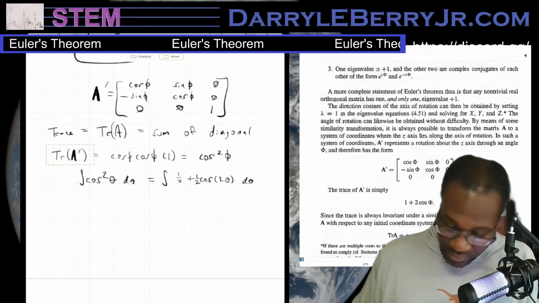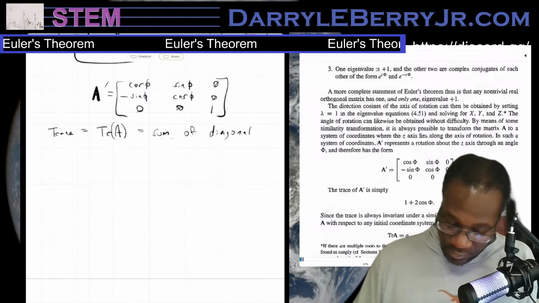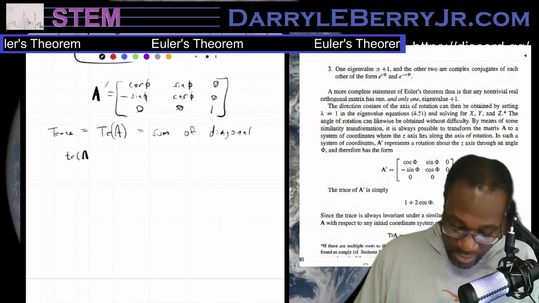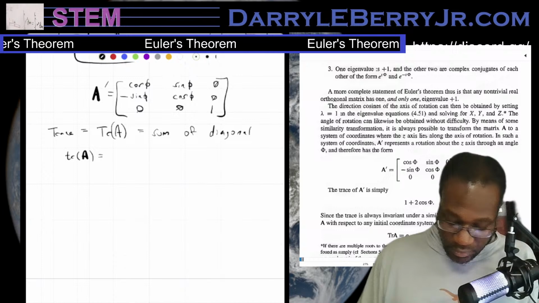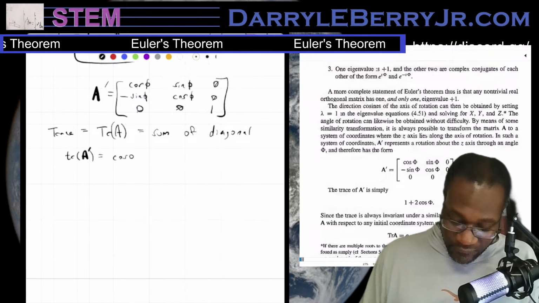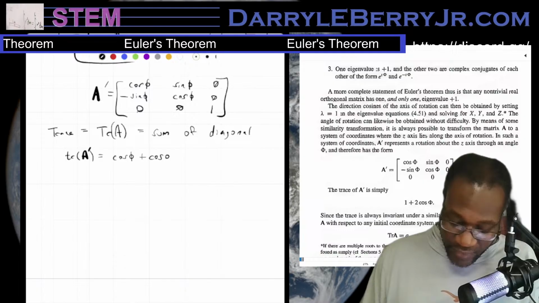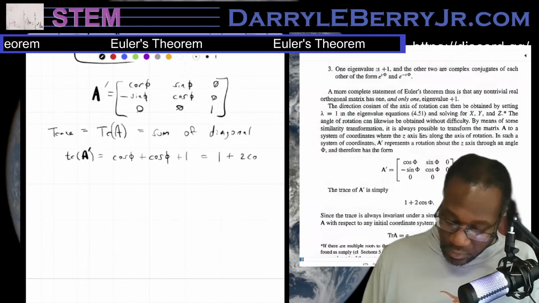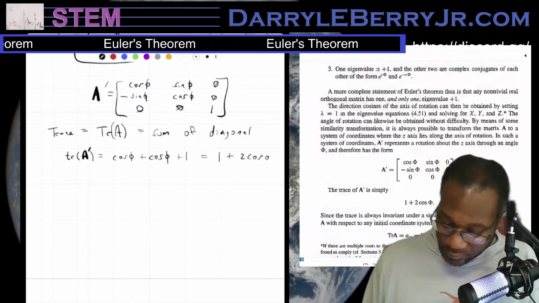Now it fits and it's not an identity. So we have TR A prime equals cosine phi plus cosine phi plus 1. Now we have 1 plus 2 cosine phi.